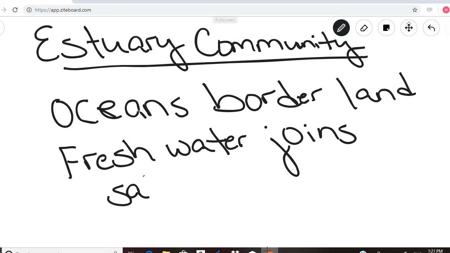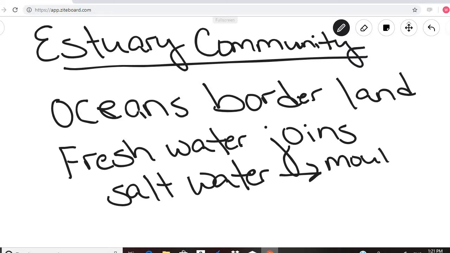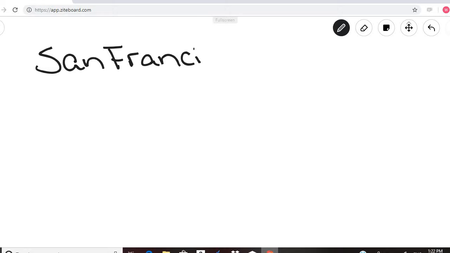So that's what we mean when we talk about an estuary, where the oceans border land or where fresh water joins salt water. So this would be the mouth of a river. The area around the mouth of a river when it dumps into the ocean would be an estuary. So let's talk about some estuaries that maybe you are familiar with in this country. The San Francisco Bay is an estuary.